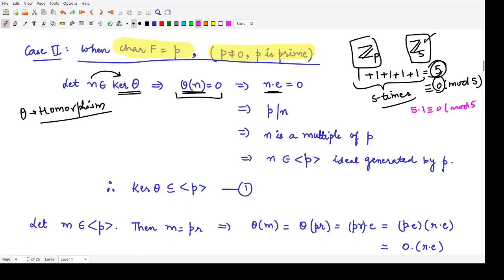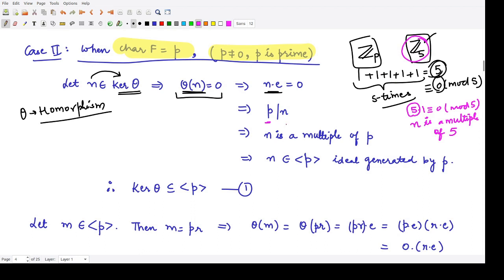So that means this number n is a multiple of this prime number P, or 5 in this particular case, right?